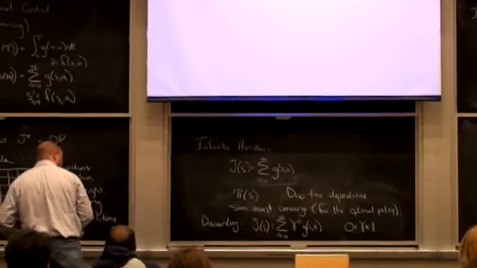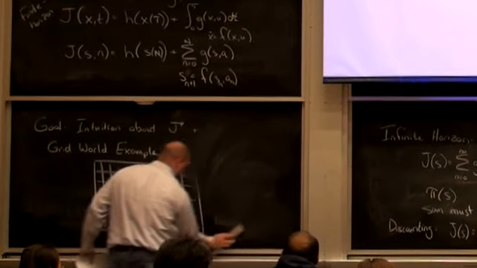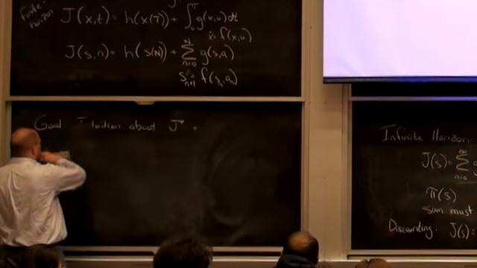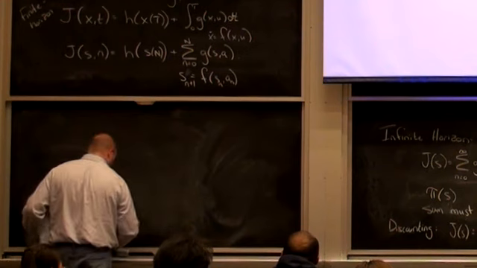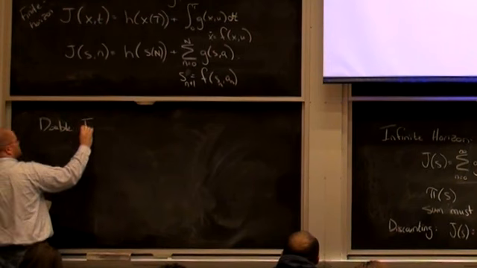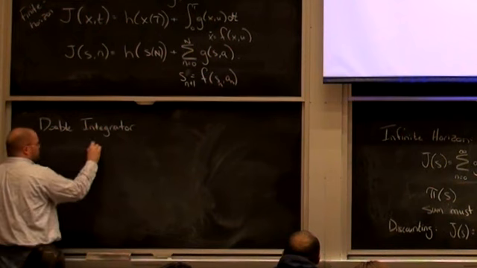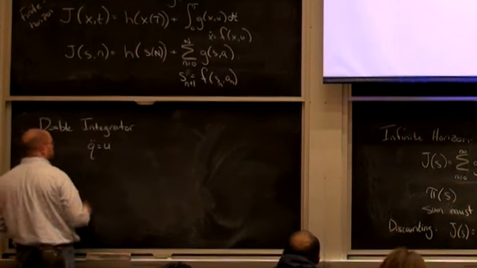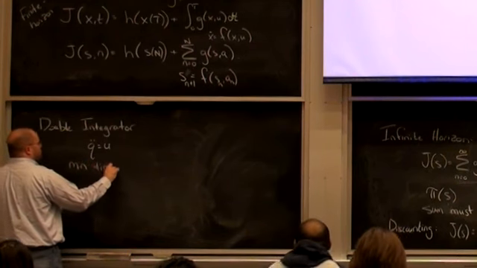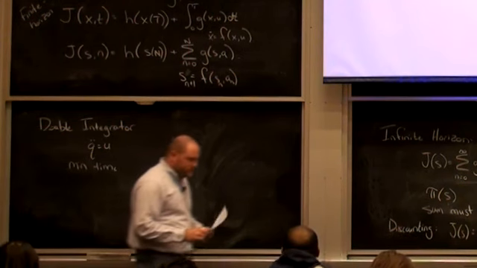So, let's think about the double integrator. Q double dot equals U. Let's do the min time problem. I can use the same minimum time cost function I did before. Okay.